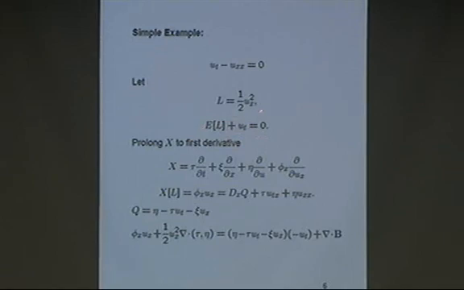Okay, I've got an L that's got a first derivative in it, so my prolongation has to go out to u_x. So I've got this prolongation operator here. This Q down here I'd actually put into there, and I'd come up with this long equation here, and then I would try to figure out the coefficients of the infinitesimal generator. That is, figure out the tau, the xi and the eta.